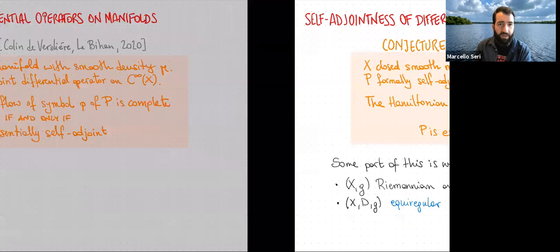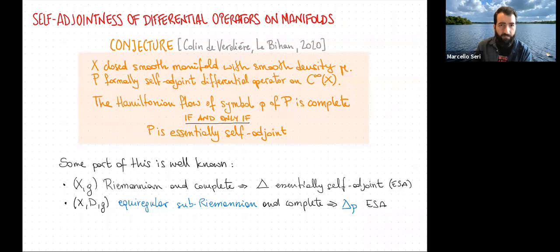It's true in some cases. If you have a complete Riemannian manifold, then it's essentially self-adjoint. If you look at first order operators on circles, then it's true. There are a few known cases, very few. In general, it's not known for a general formally self-adjoint differential operator, even of first order. And it's true, for example, for equiregular sub-Riemannian complete manifolds.